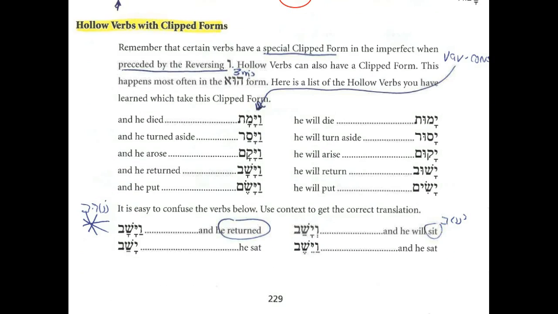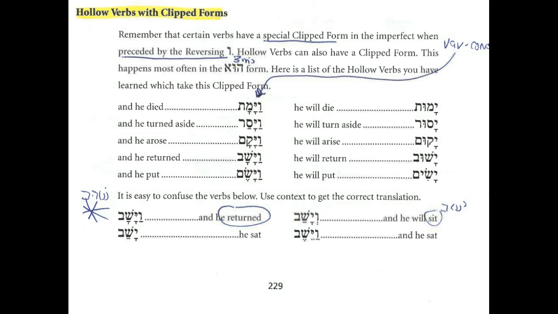Moving on down the page is a discussion of hollow verbs with clipped forms, and the textbook notes that when you have what it calls a clipped form, which is what everybody else calls the vav consecutive imperfect, the middle letter drops out.